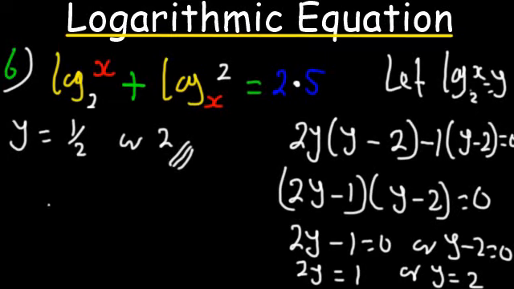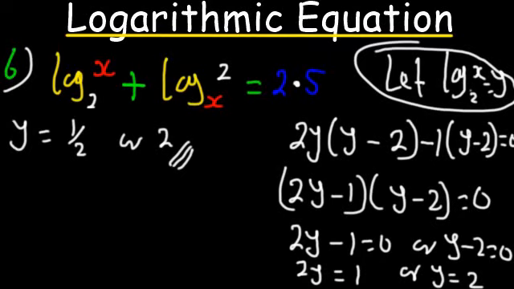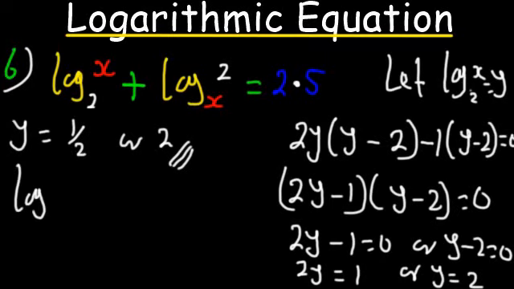Those are the two corresponding values of y. Note, this is not our final answer. I hope you didn't forget this. We said let log of x to the base of 2 be equal to y. So therefore when y is equal to half, log of x to the base of 2 will be equal to half. And at this point we can apply the definition of logarithms, which says that this 2 can be raised to this half.